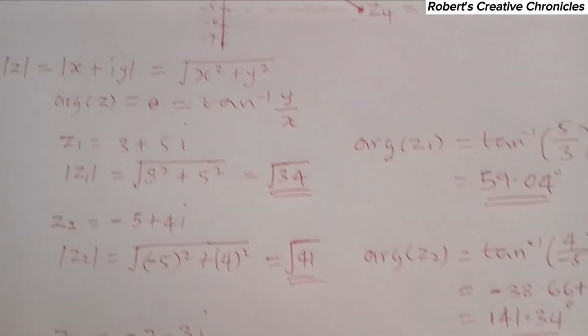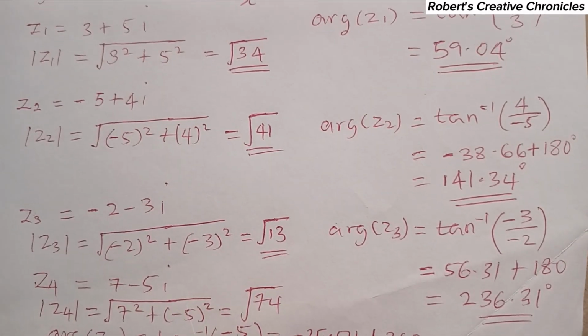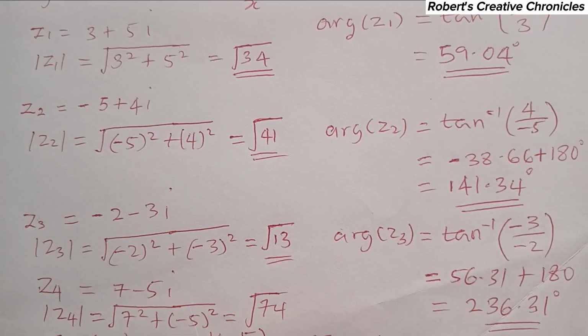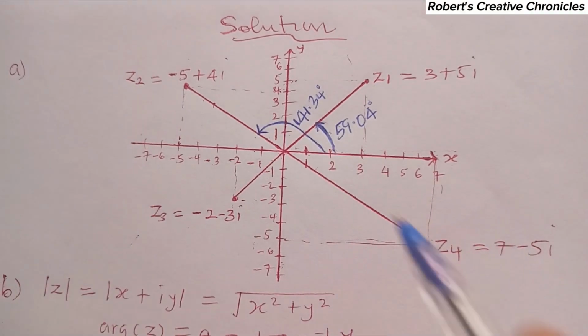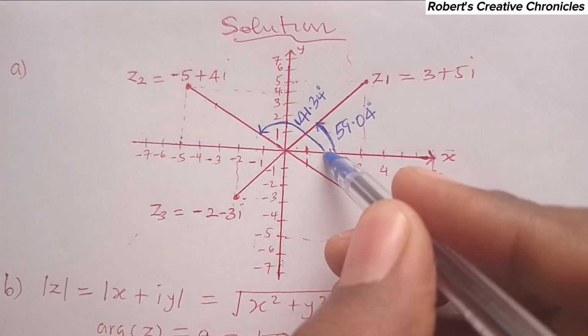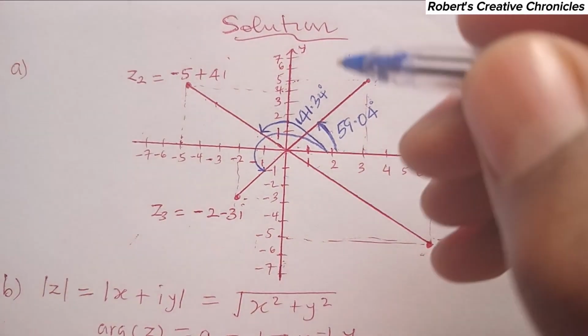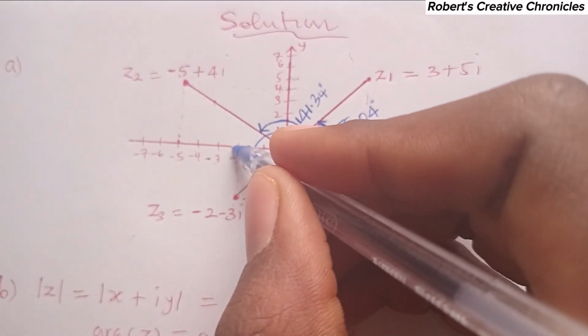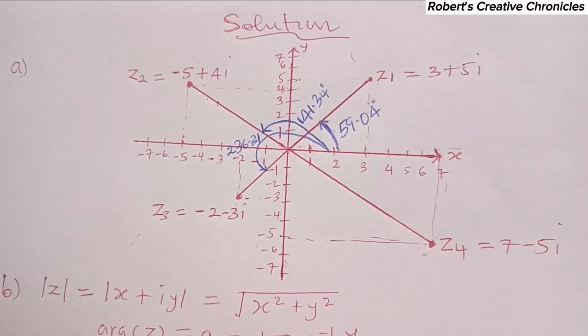As for Z3, it is 236.31. So we'll write it here. So the distance from here to this one is 236.31.